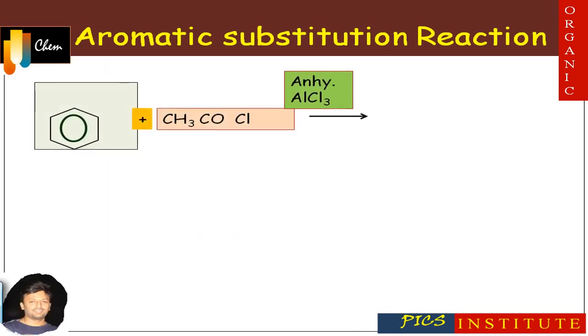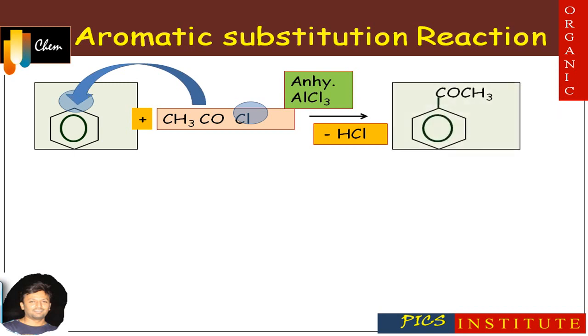The next reaction is reaction of benzene with acid chloride. In this case, it is ethanoyl chloride. Splittings are the same: hydrogen from the ring, halogen from the adding agent, removed as HCl, and the remaining part on the benzene ring to form acetophenone.